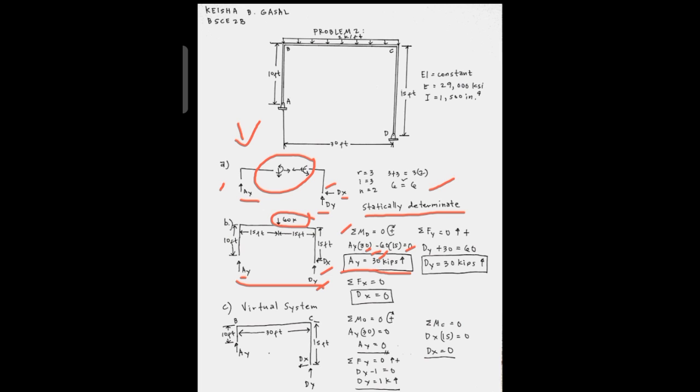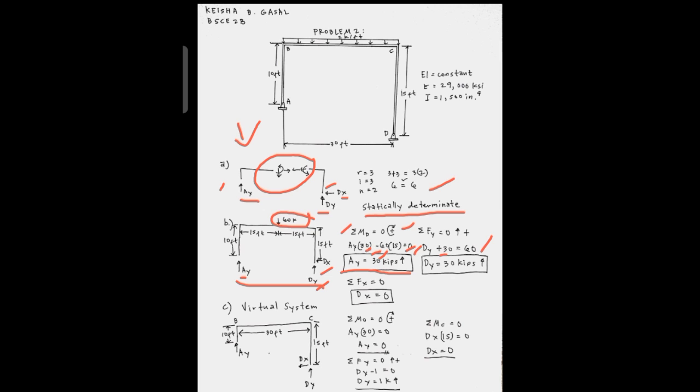Next, we have to get our vertical reaction at DY. So we have to calculate the summation of forces along y is equal to 0, upward positive. So our DY plus 30, our B to C distance, is equal to 60, our load.